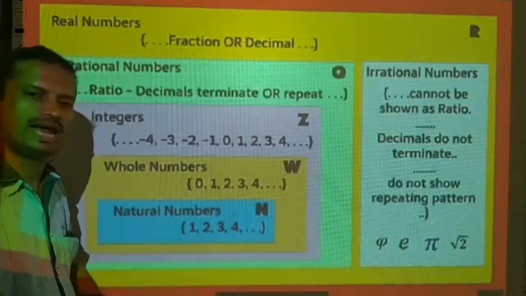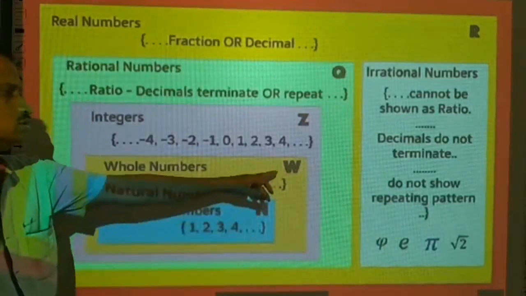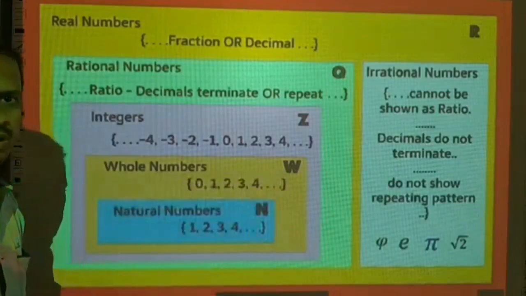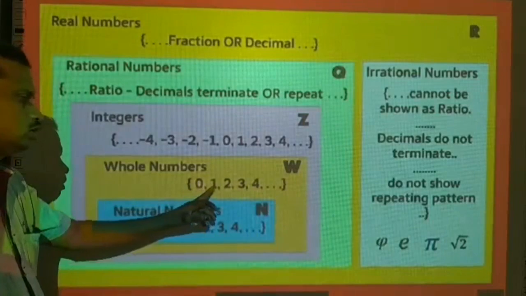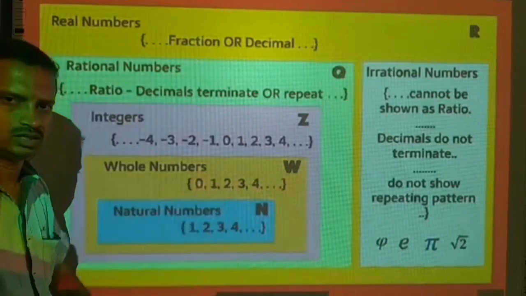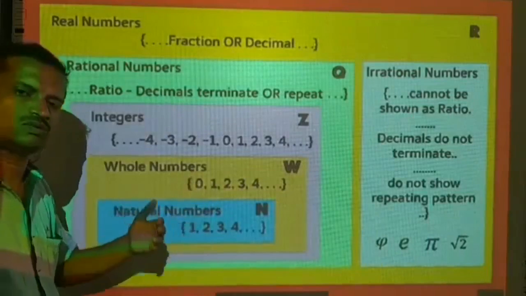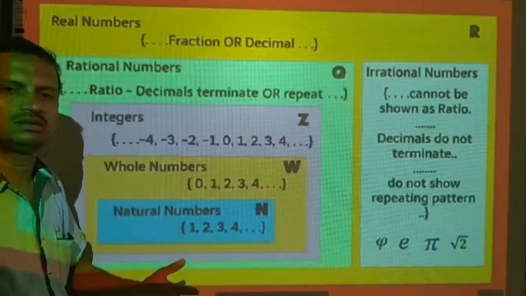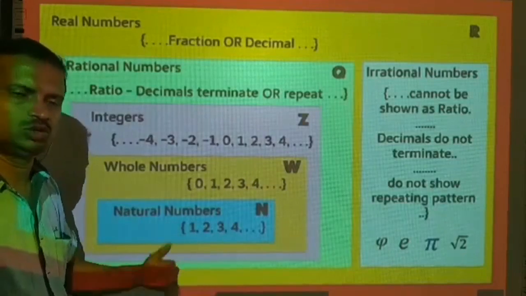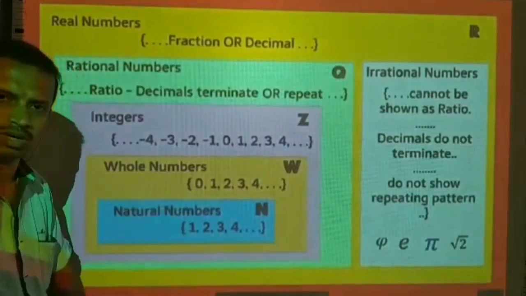And whole numbers are denoted by capital W. Natural numbers start from 1, 2, 3, but whole numbers start from 0. Therefore, we can say natural numbers with 0 are whole numbers.